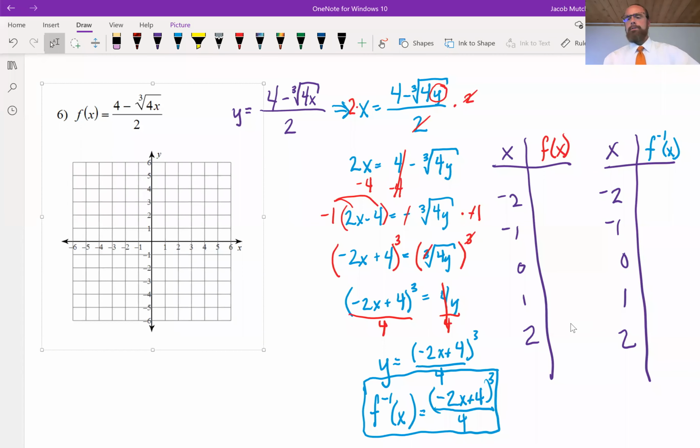We'll fill in our tables here. So for the original f of x, we've got negative 2, 3, negative 1, 2.80, 0, 2, 1, 1.21, and 2, 1.